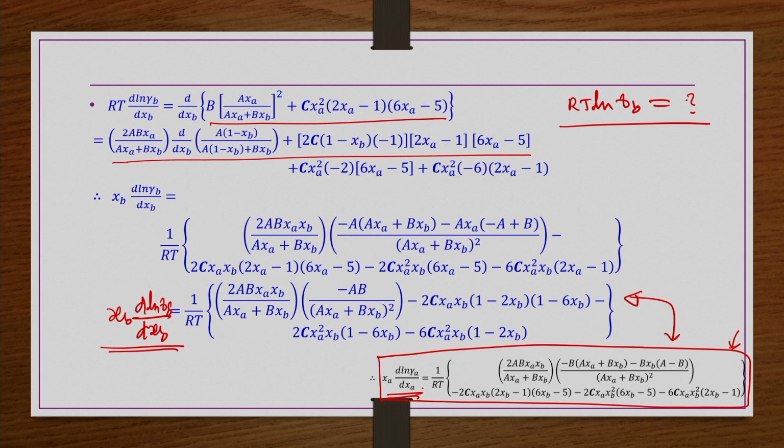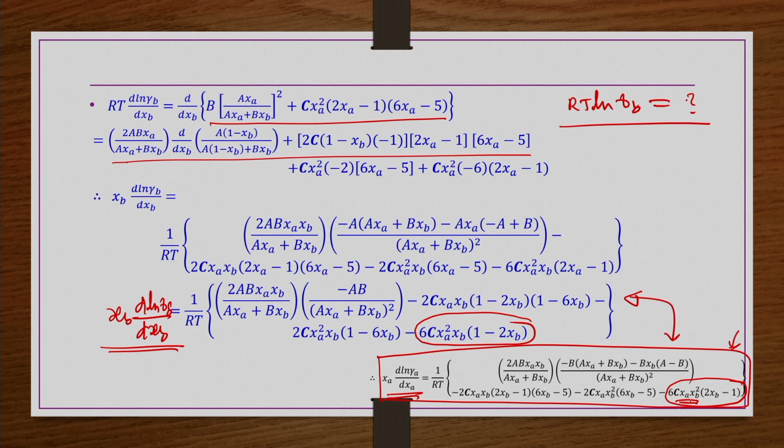We can see they are looking similar, but they are not the same. We can compare one term; if one term is not matching, you do not need to compare the rest of the terms. Take the simplest one, the last term. Here it is 6 C xa square xb multiplied by 1 minus 2 xb, whereas here the last term is 6 C xa xb square.